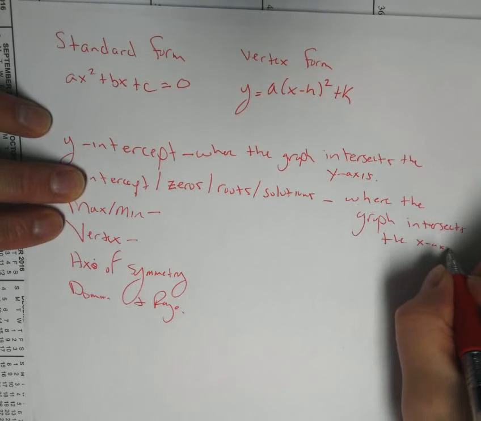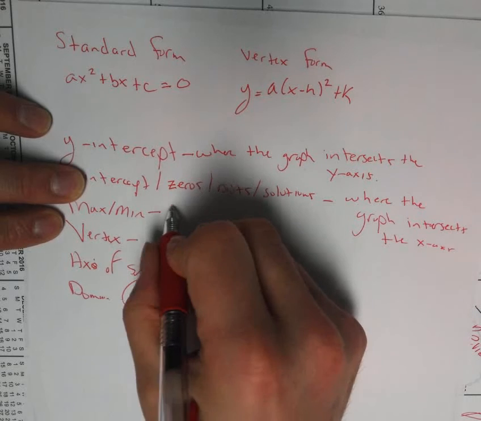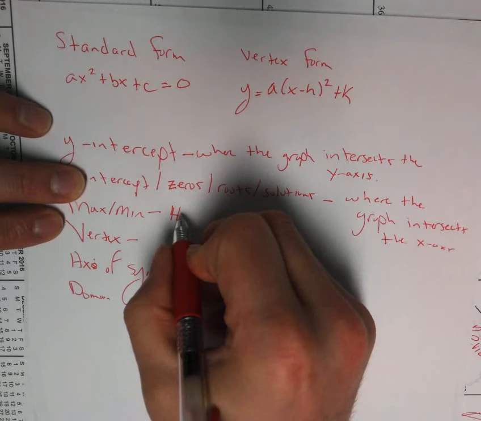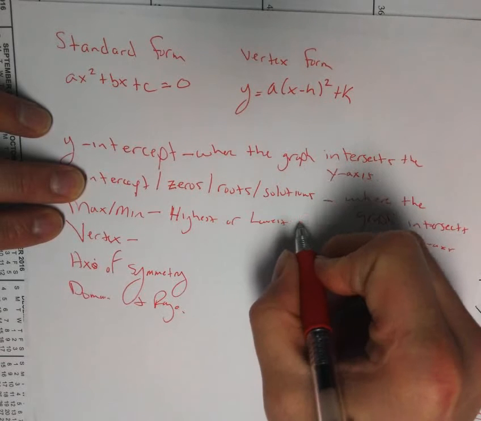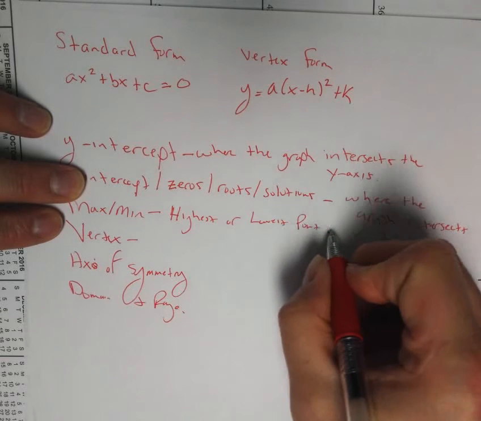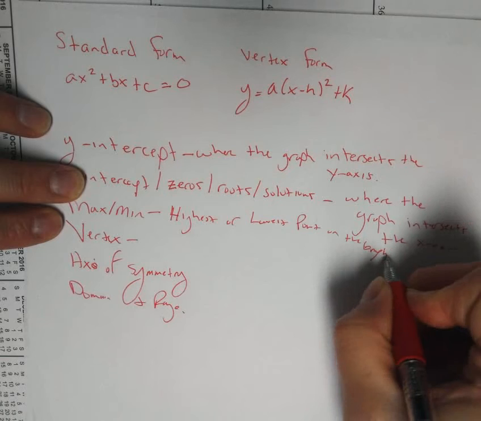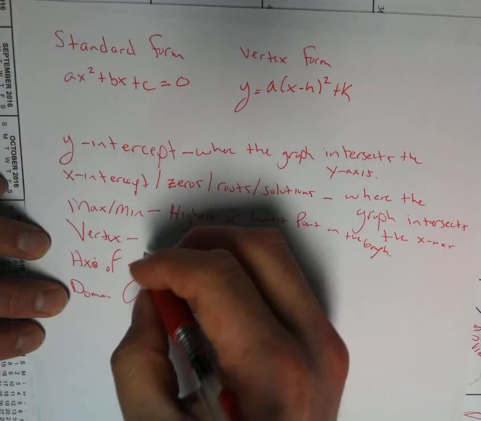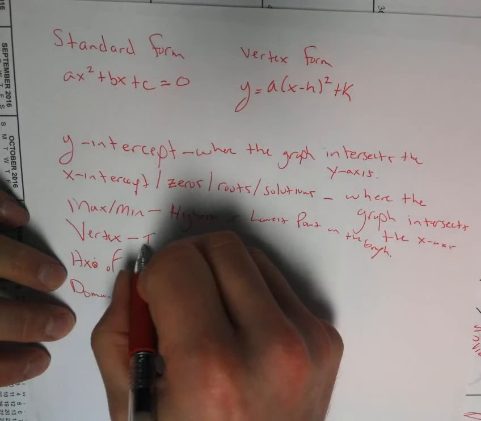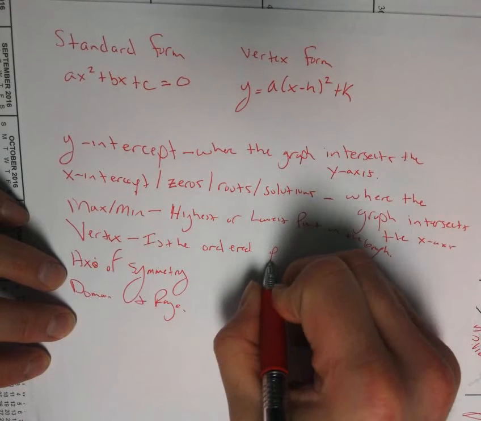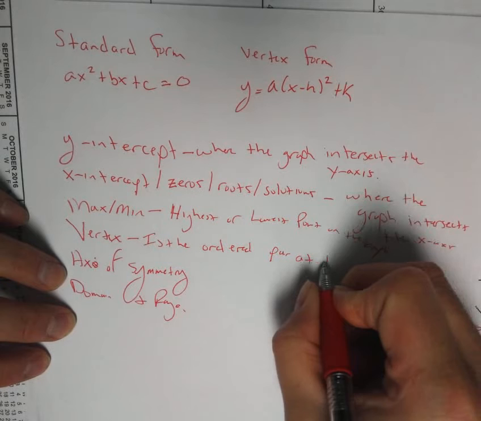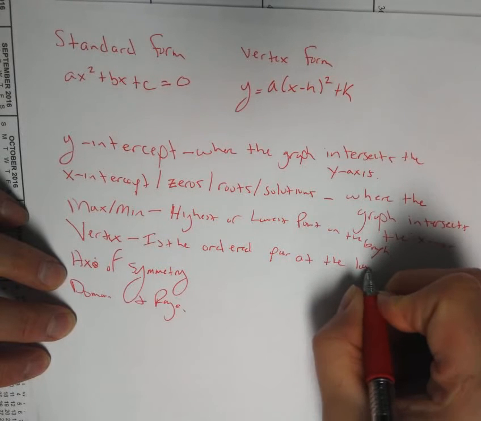Max or min, this is the lowest, well, since we did max first, highest or lowest point on the graph. Vertex is the ordered pair at the lowest or highest point.